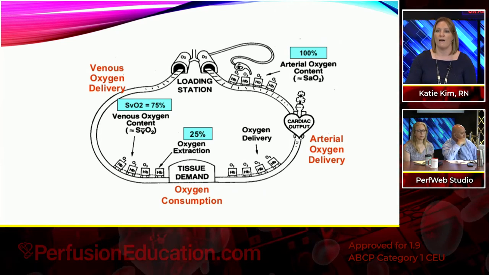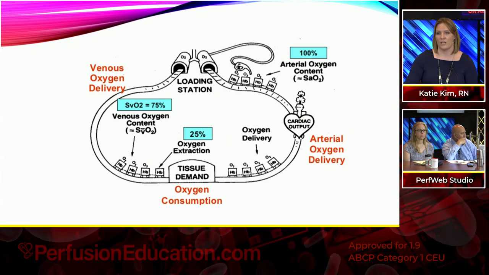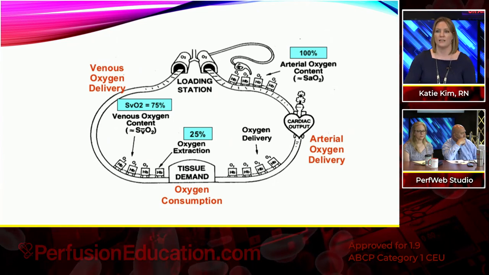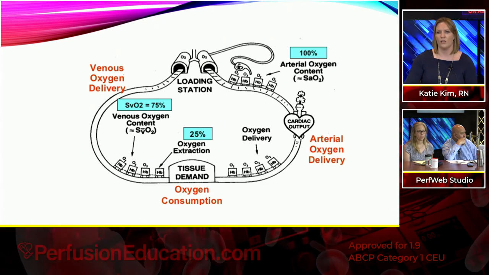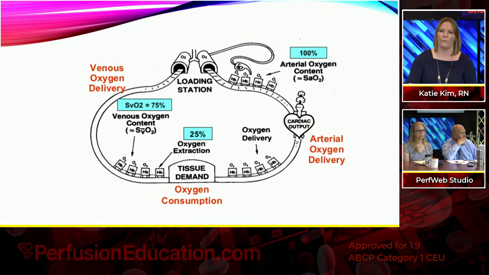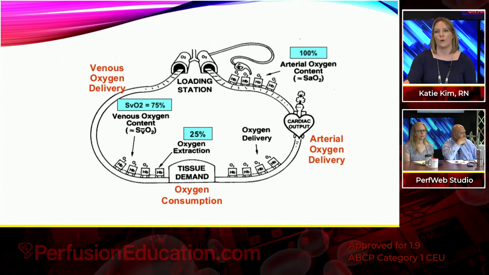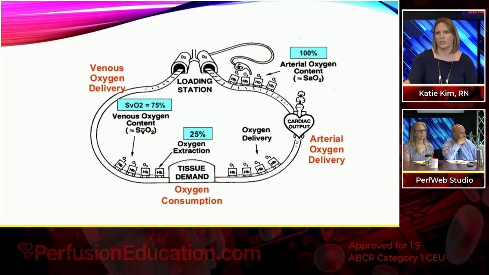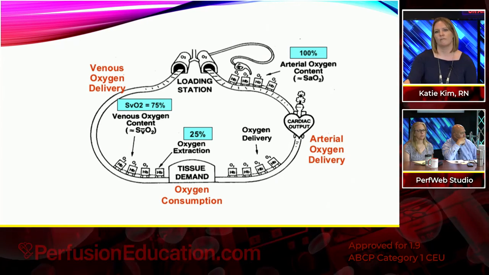But your tissues have a demand for the oxygen, and so they're going to consume about 25% of whatever oxygen is on the hemoglobin molecules and send it back up again to cycle back through the heart. And so your normal SpO2 is 75%. This is a fun little picture to talk about supply versus demand.